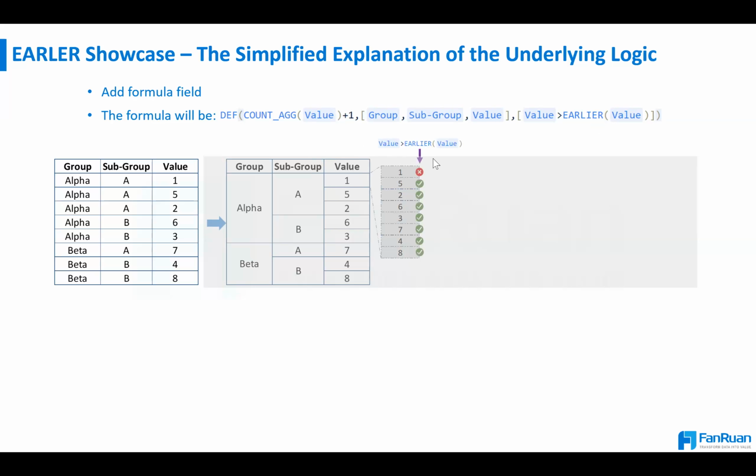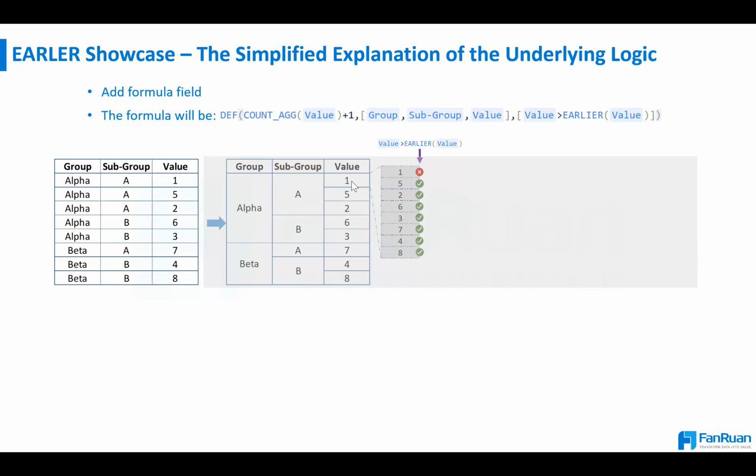Nextly, we will go through all the steps to test if each individual cell needs to be taken into the calculation. For example, for cell 1, its EARLIER value is 1. And it will be compared with all the current values, all the cell values of the expanded view.